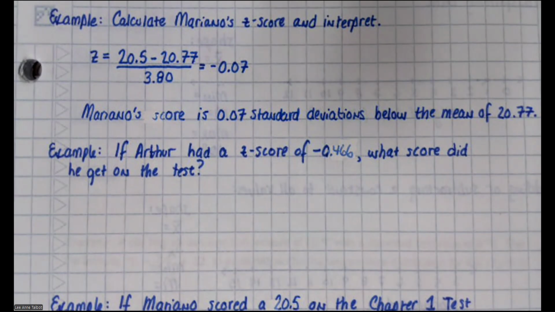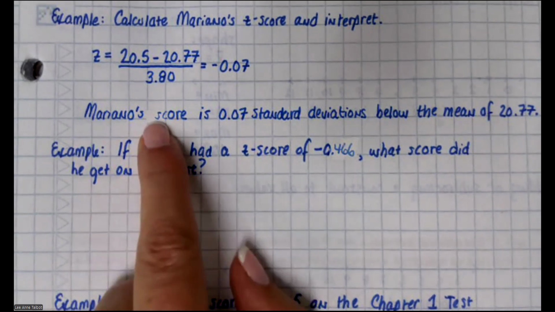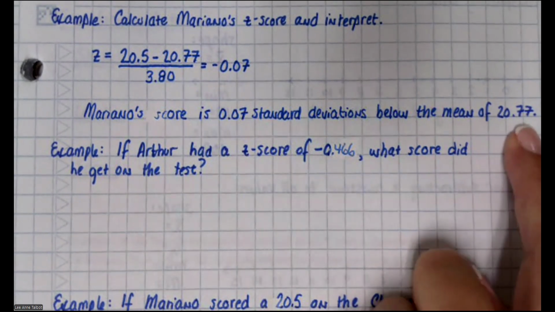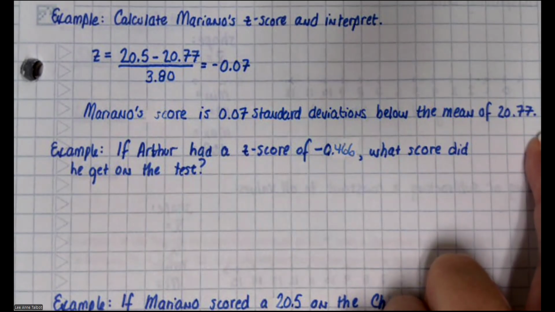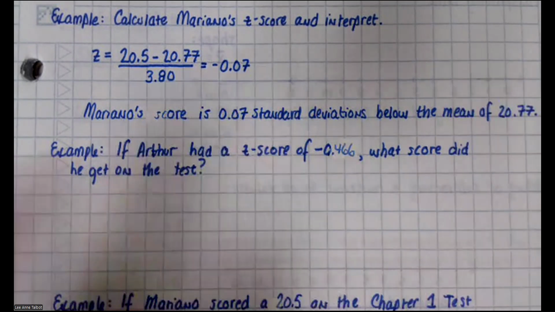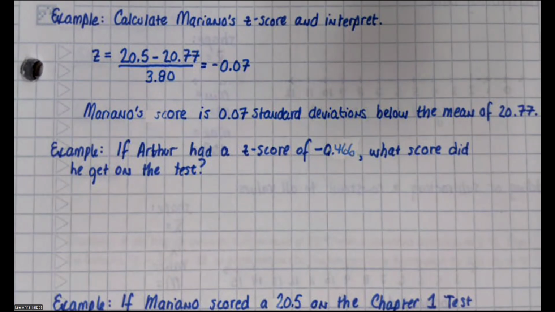Do you guys see where the below came from? On this particular problem, I mentioned units here. You would normally put like minutes or feet or something after this, but score is really just a score.